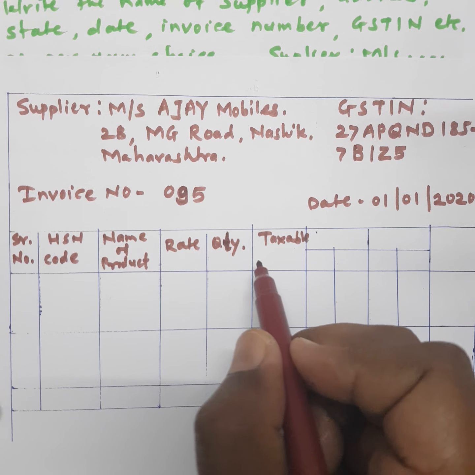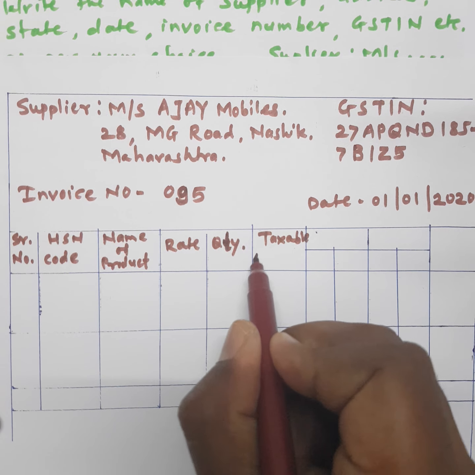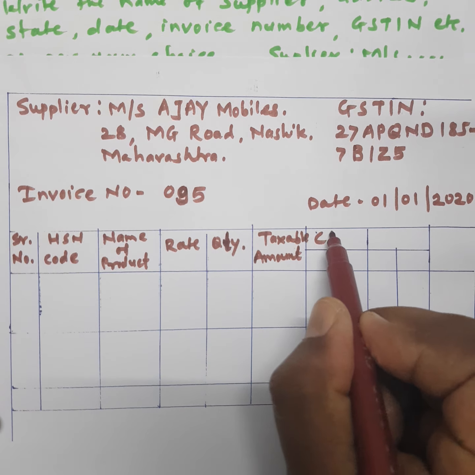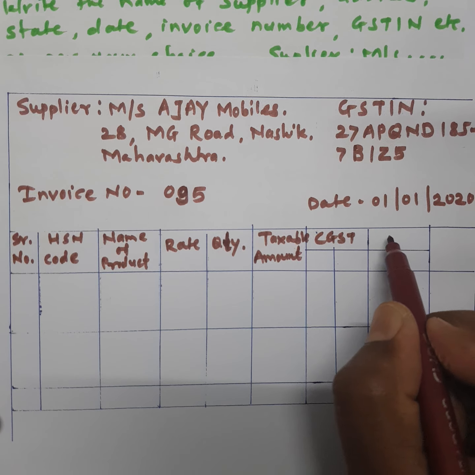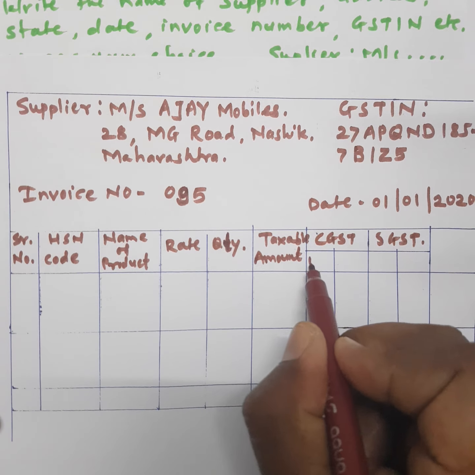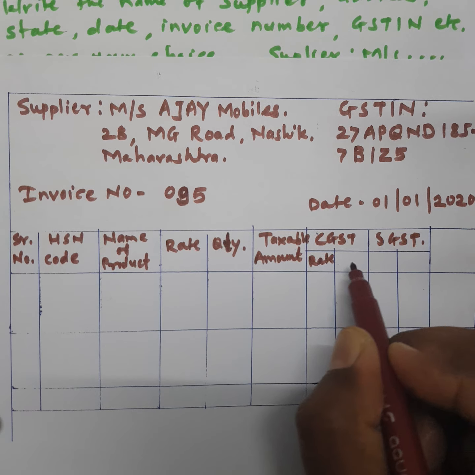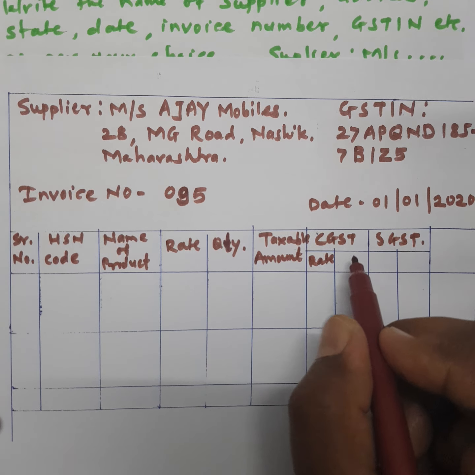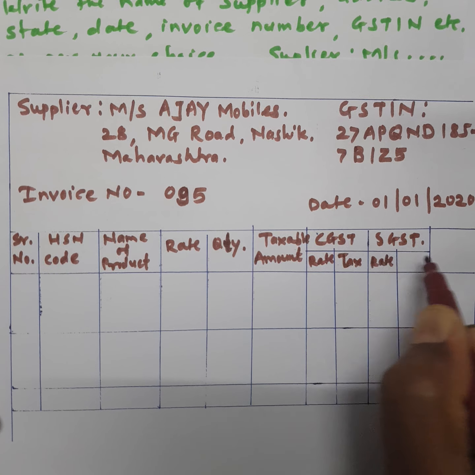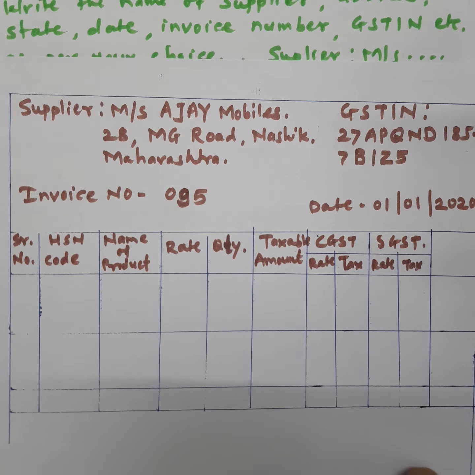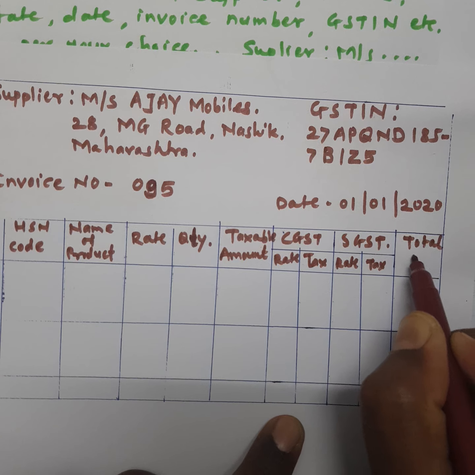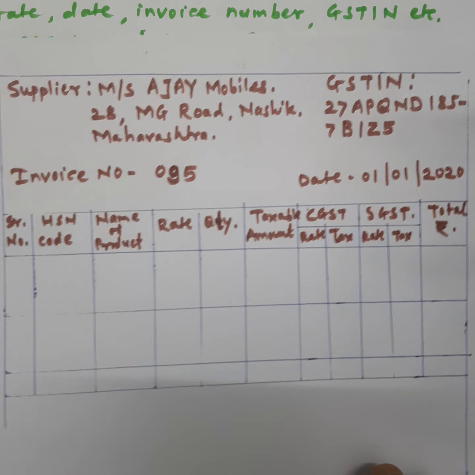These columns must be learned by you. Then in GST, the first column is CGST, second is SGST. Rate of CGST and amount of tax here, here also rate and tax. And the last column will be total rupees.